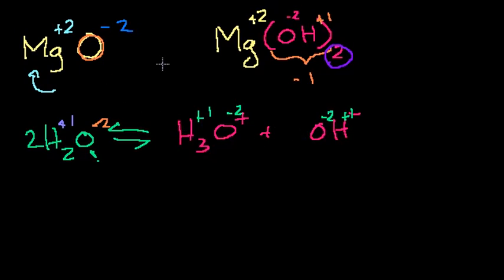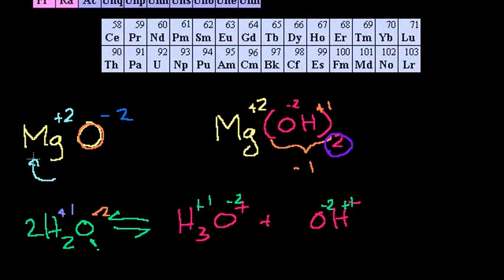Sometimes I'll say, hey, look, magnesium has an oxidation state of +2, and oxygen has an oxidation state of -2. Magnesium was oxidized, 2 electrons were taken away from it, and oxygen was reduced, 2 electrons were given to it. And I'll say that implying some reaction that produced it, but that's not always the case. You could have a reaction where that necessarily didn't happen.